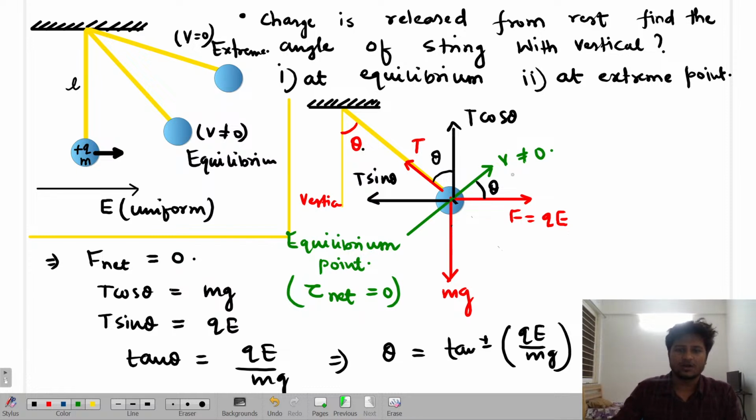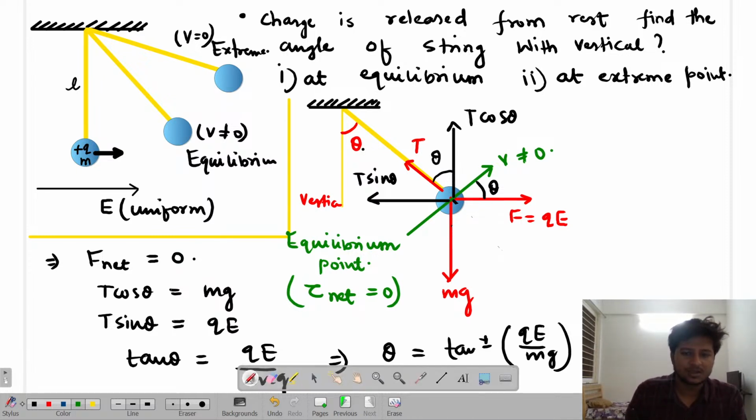Because since this velocity is non-zero, this velocity will have some component. This velocity will generate a radial force away from the charge, which we call mv square by r, which is mv square by l, will also be present. The fourth force will be present, isn't it?